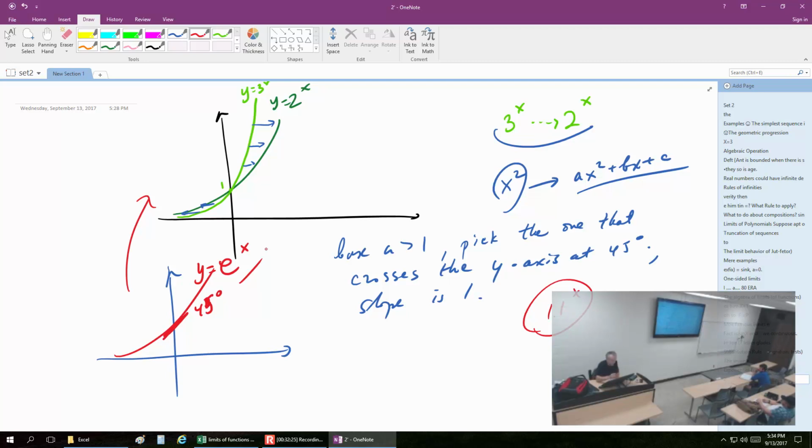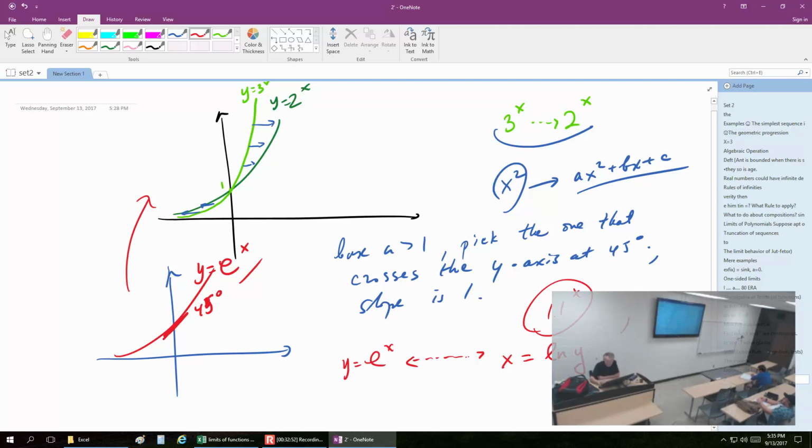And the logarithm, as you might remember, y is equal to e to the x. The inverse is, remember that one? Natural log, ln y. ln stands for natural. And so the natural exponential function is e to the x, and the natural logarithm is ln y.